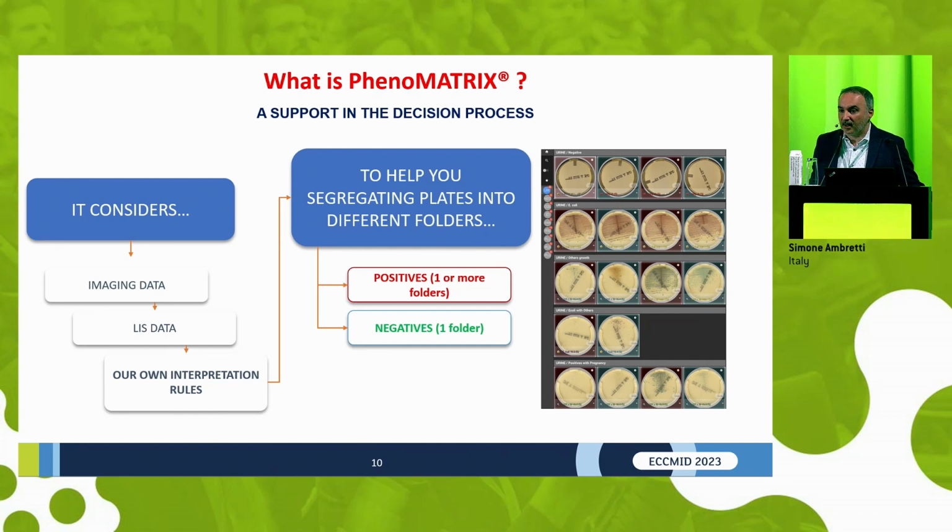For sure, imaging data, but also demographic and clinical data taken from LIS, and also interpretation customized rules in order to have presumptive results for agar plates. Segregating plates, as Dr. Nolte said before, into several different folders, usually one folder for negative samples and one or more folders for positive samples.